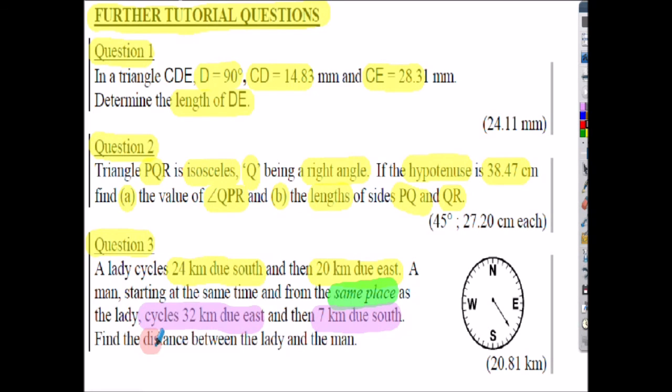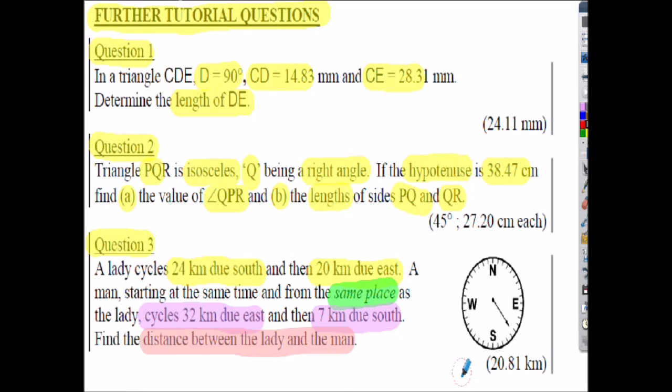We've got to find the distance between the lady and the man after they finish their cycle rides. Again, this hinges very much on drawing an appropriate diagram. Both the lady and the man start from the same point on the diagram you're going to draw, and you need to draw the diagram proportionally in the direction shown that the lady cycles and the man cycles. You've then got to find the distance between their two end positions.